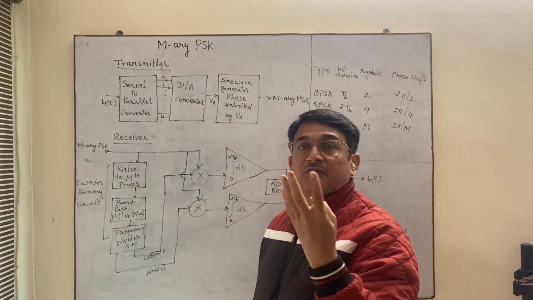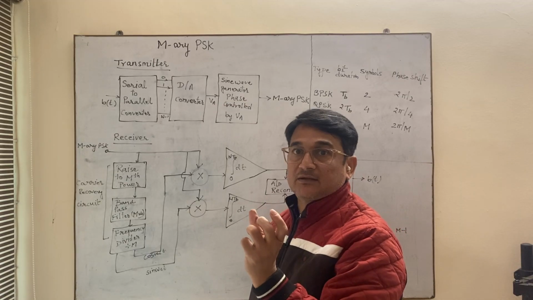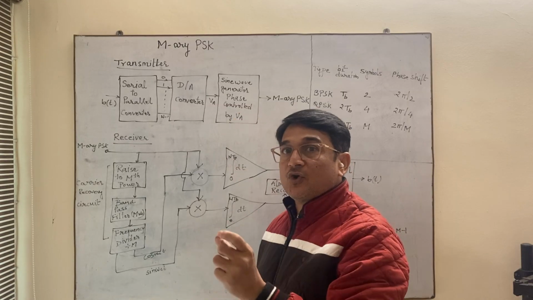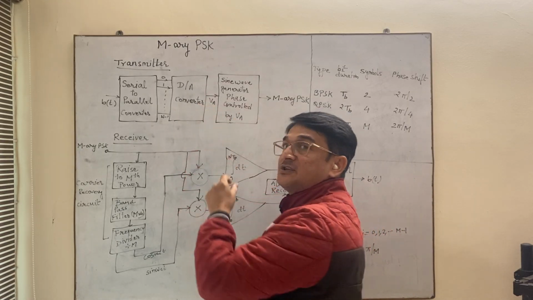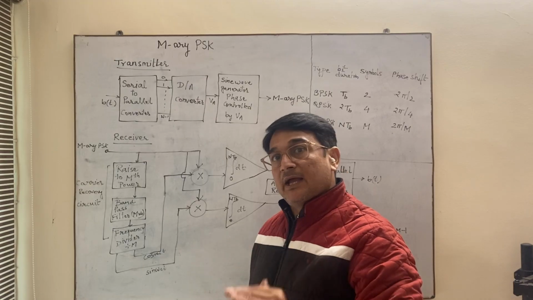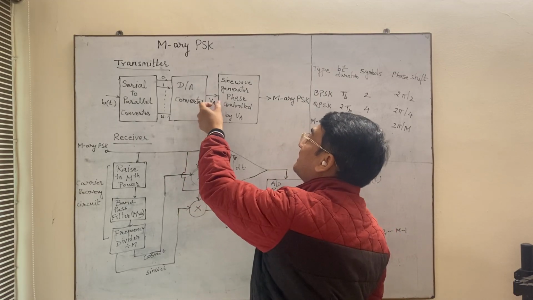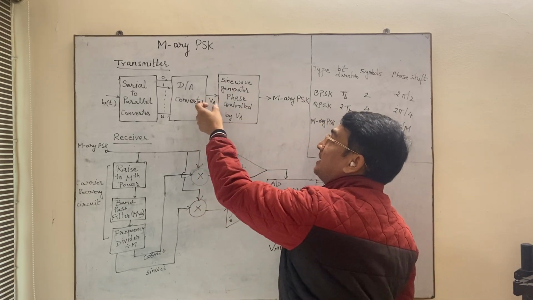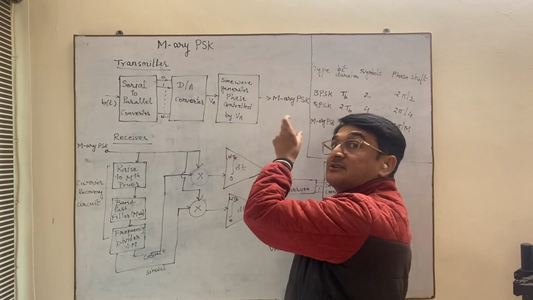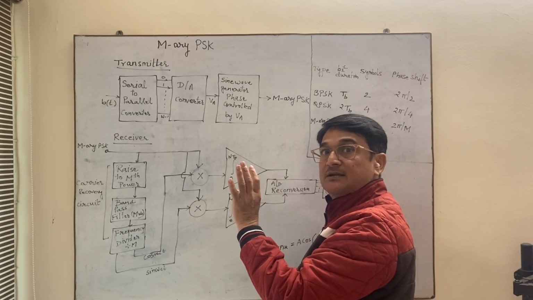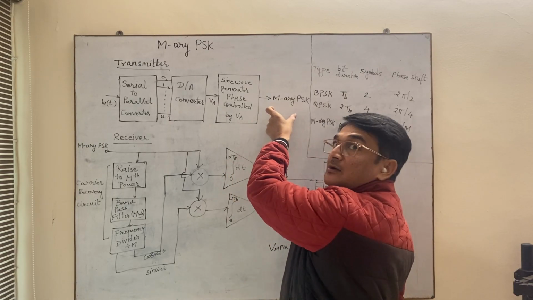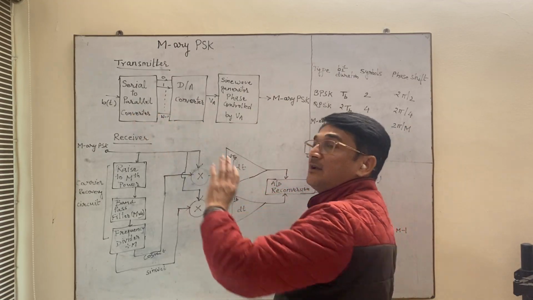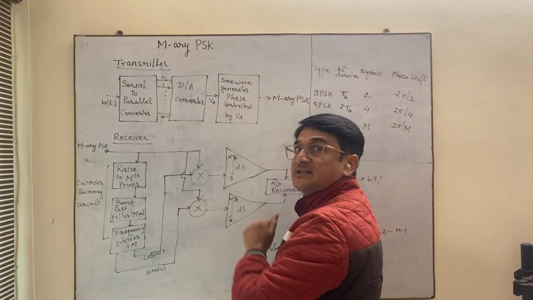Suppose you are considering QPSK, then there are 4 different signals, 00, 01, 10 and 11. 4 different signals will generate 4 different VAs, and if 4 different VAs are there, then there will be 4 different phase shifts according to the value of VA. So that means 4 different symbols or 4 different signals are generated. That will be known as M-ary PSK, in this case 4-ary PSK. Accordingly, if you are combining 3 bits, that means 8 different signals will be generated.